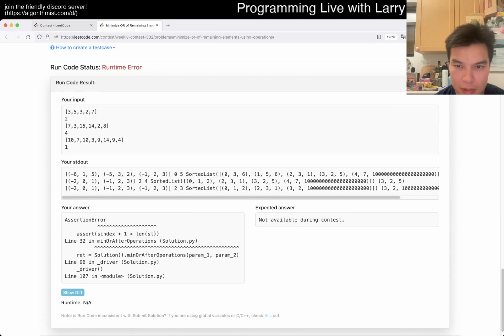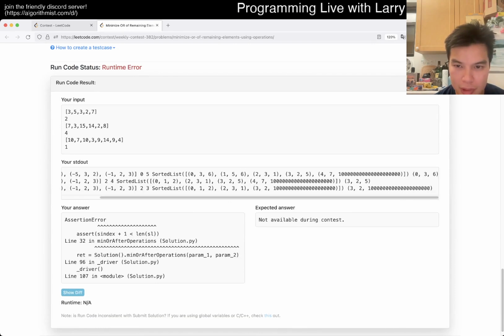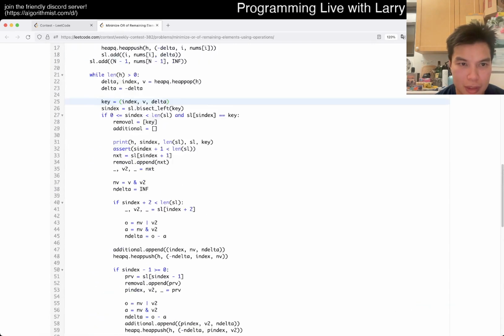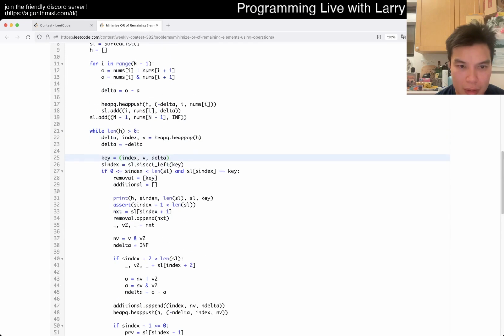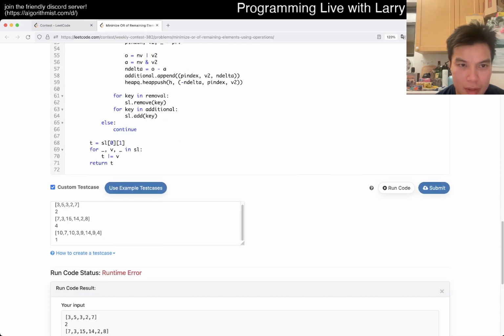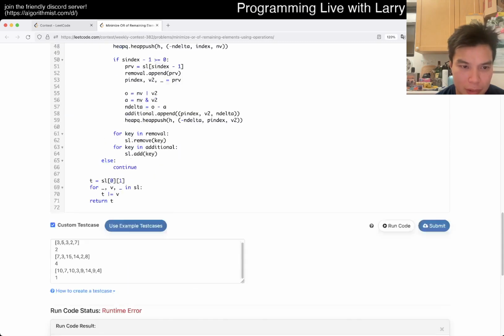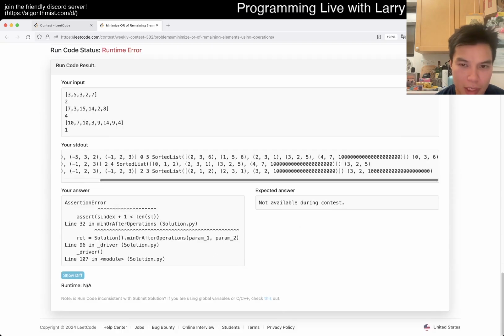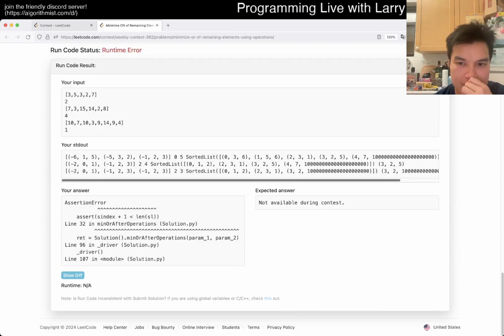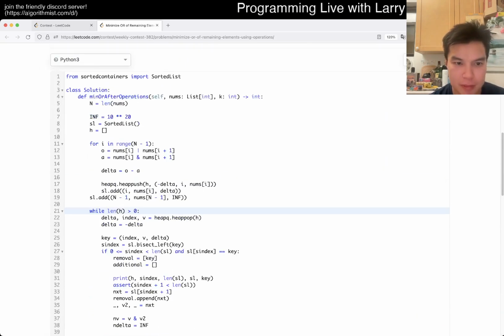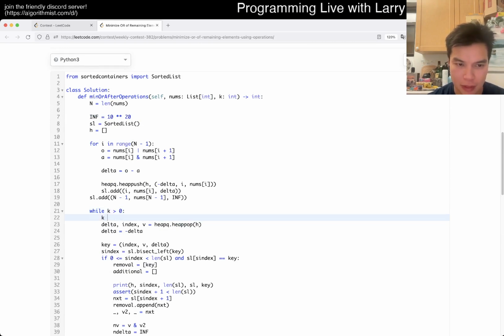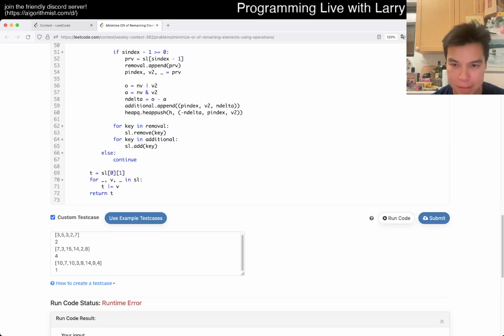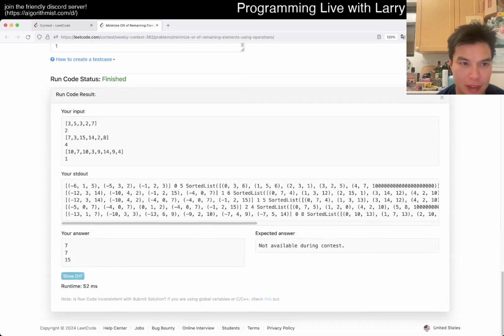So this one, we're searching for this, but why? Oh, because I have this thing for some reason. But still, why? It should be while k is greater than 0. But maybe that fixes it.